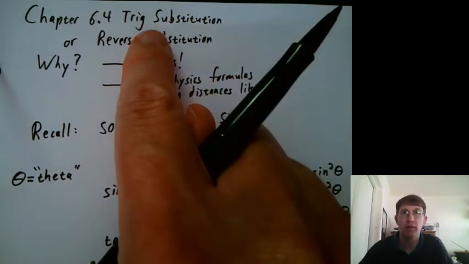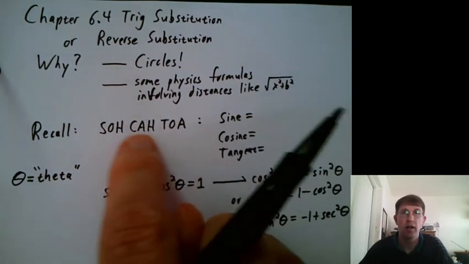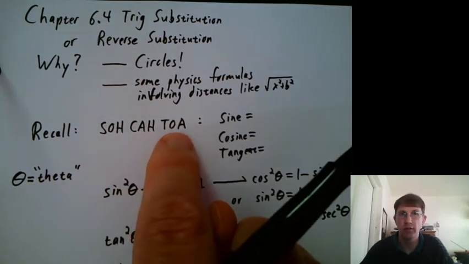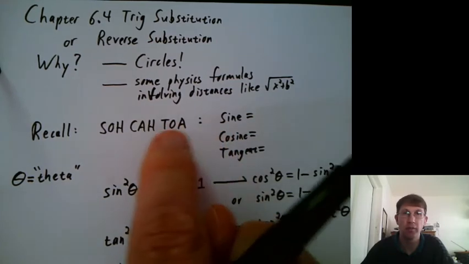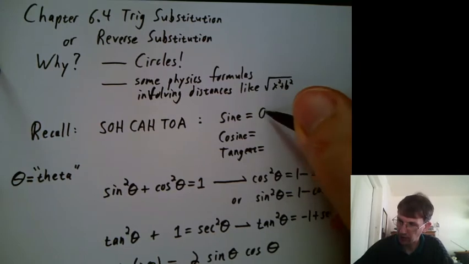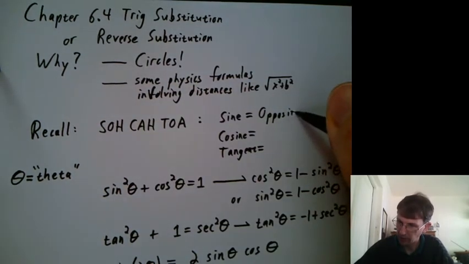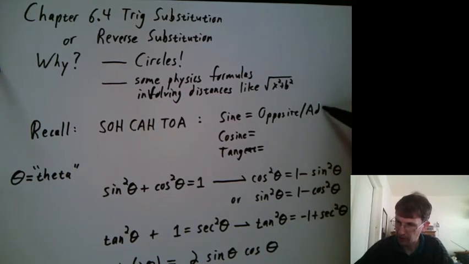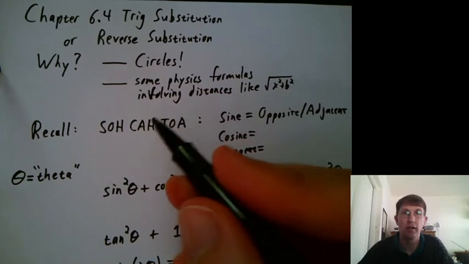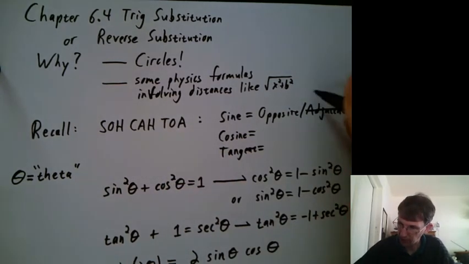As you might guess, we're going to be using a lot of trigonometry, trig identities, so here's a bunch of reminders. You might have seen the phrase SOHCAHTOA before. Try to remember what that means if you have heard it before. It means sine is what? Opposite over hypotenuse.